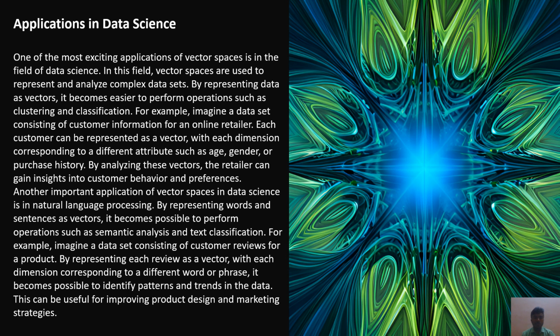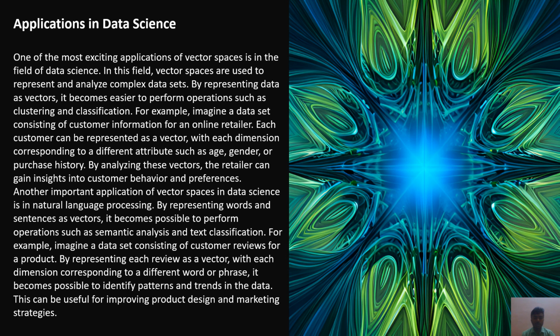Another important application of vector space in data science is in natural language processing. By representing words in a sentence as vectors, it becomes possible to perform operations such as semantic analysis and text classification. For example, imagine a dataset consisting of customer reviews for a product.